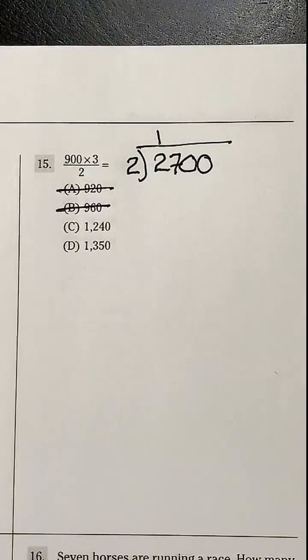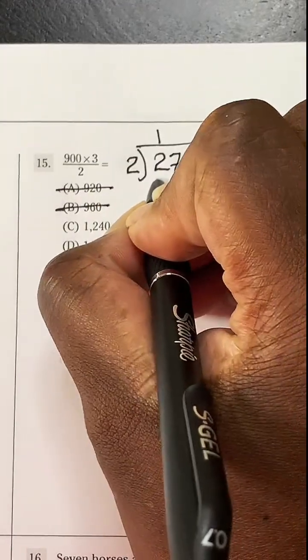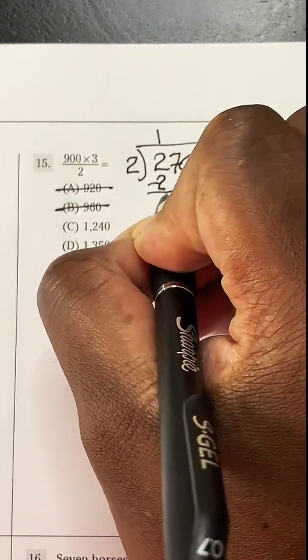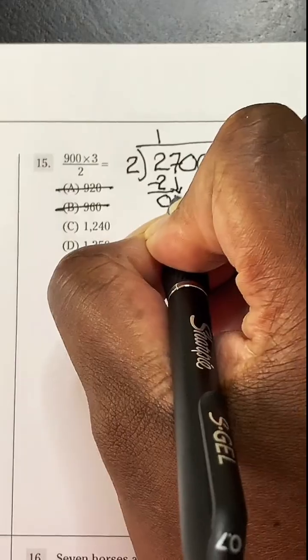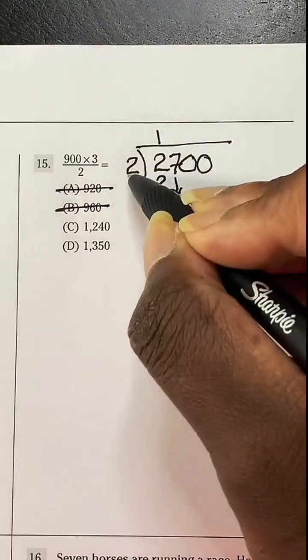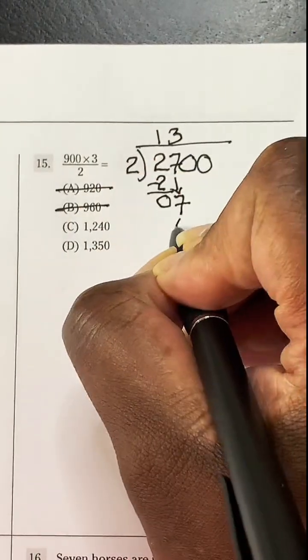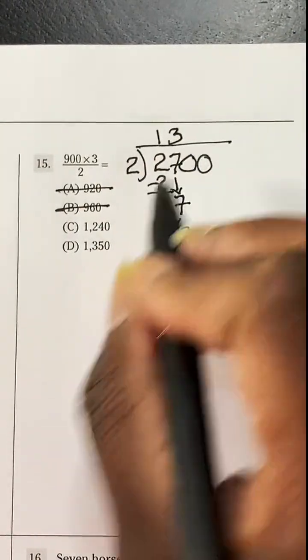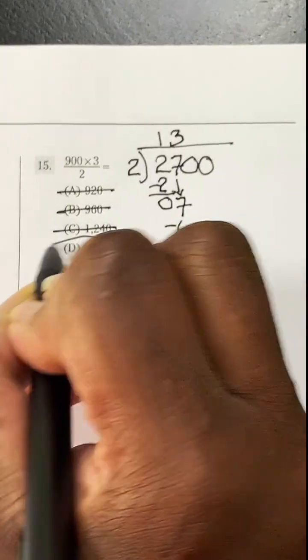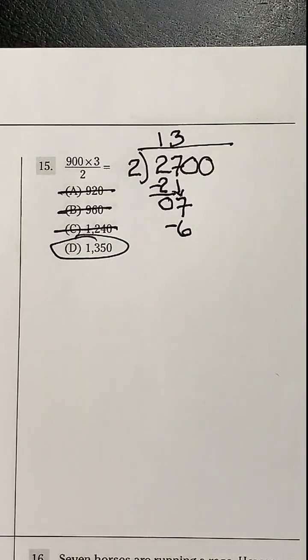Immediately, A and B is out. So now you got your 2. That gives you your 0. Bring down your 7. How many 2's can go into 7? That'll be 3. That'll give me 6. So now I got that 3. C is out. D is my answer. Click it, bubble it, circle it, move on.